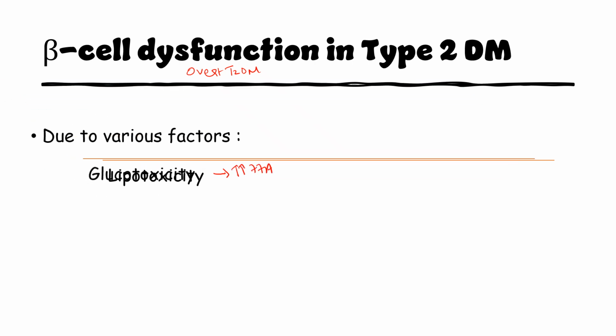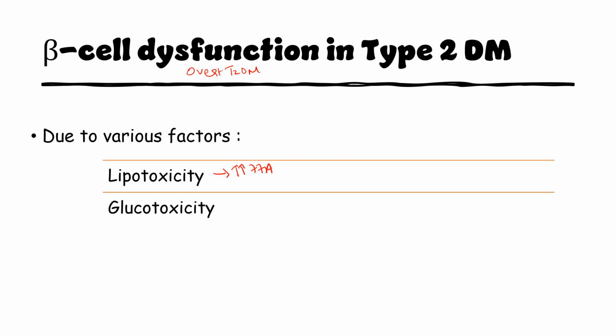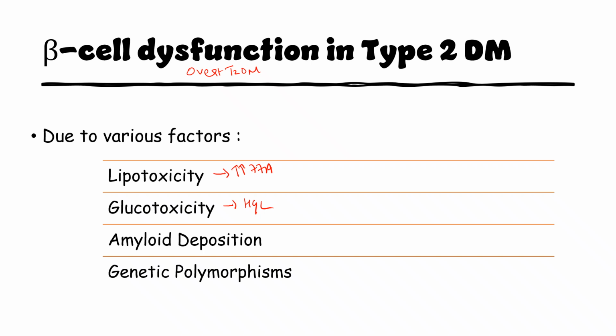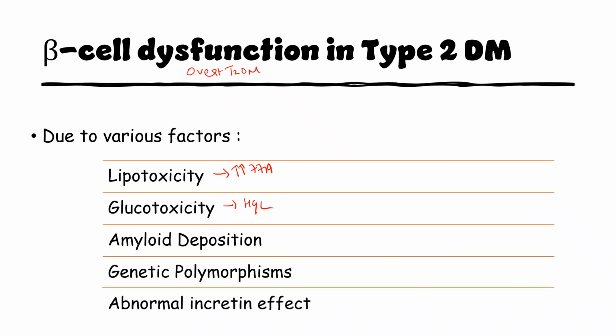The second is glucotoxicity. Glucotoxicity occurs due to hyperglycemia. The third is amyloid deposition. The fourth is genetic polymorphism. And the fifth is abnormal incretin effect, which we discussed in our previous video, wherein there is decreased GLP-1 and GIP.